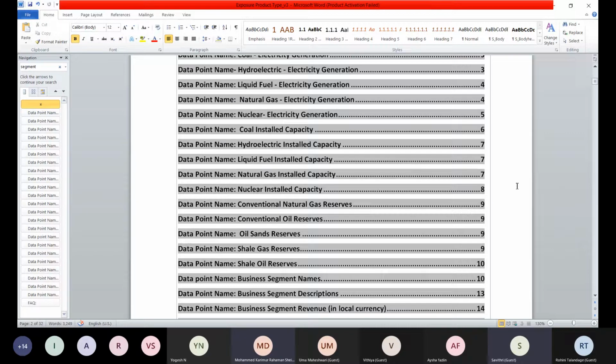Under that we have different kinds of oils. We have the conventional natural gas reserves first. Rohini, go to that particular data point. Yes, conventional natural gas reserves.